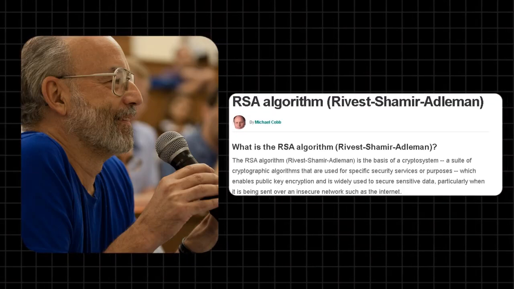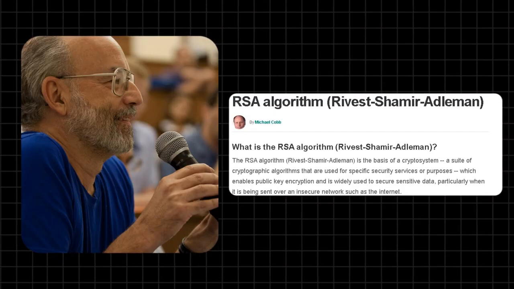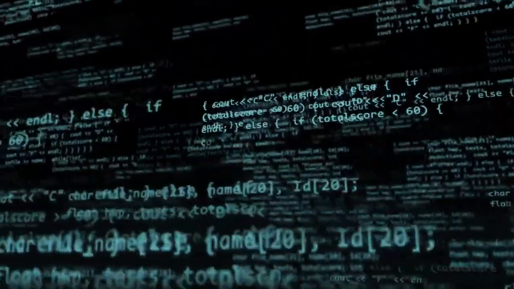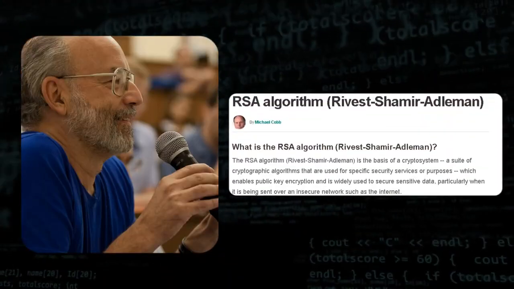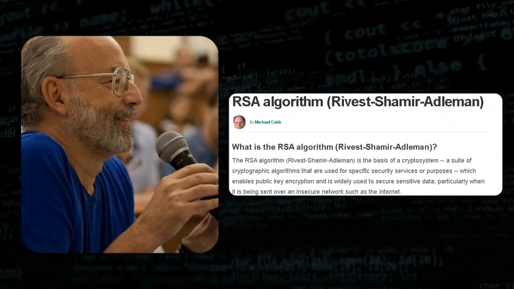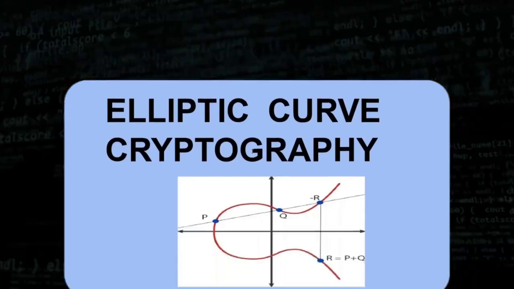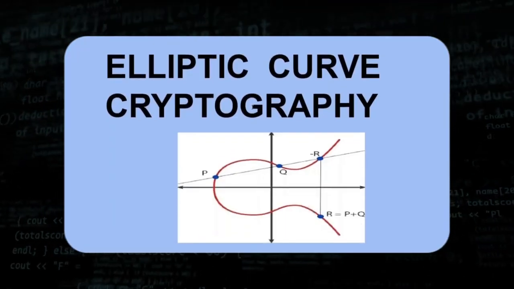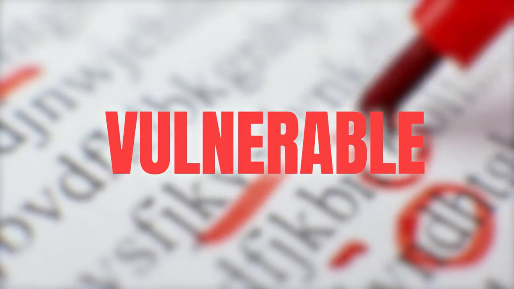Rivest-Shamir-Adleman (RSA) and elliptic curve cryptography, or ECC, are two widely used public key cryptographic systems. RSA is based on the difficulty of factoring large composite numbers, while ECC relies on the mathematical properties of elliptic curves over finite fields. Each has its strengths and weaknesses, but both are vulnerable to future quantum attacks.